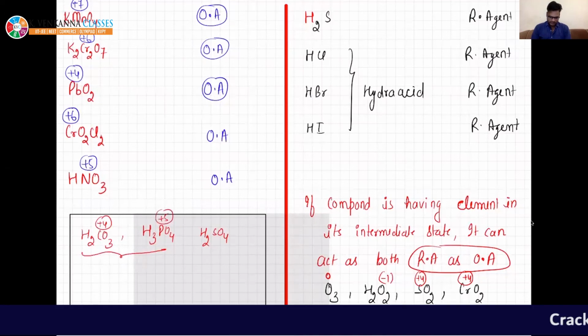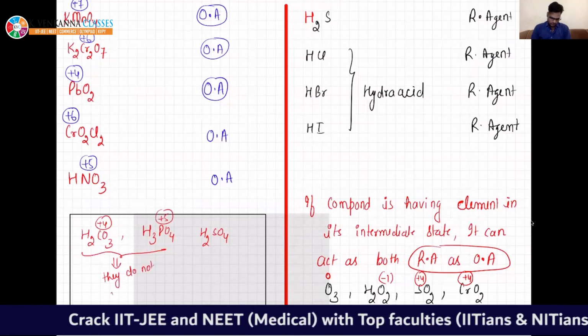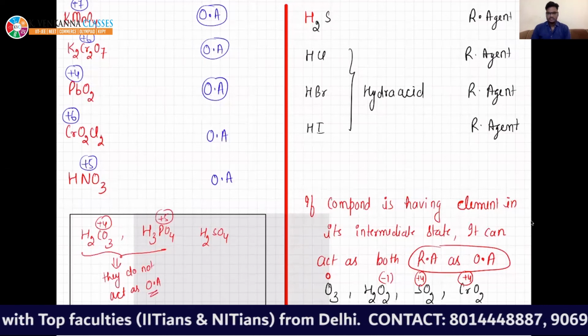Phosphorus is also in its maximum, but they do not act as oxidizing agents. You will not see them acting as oxidizing agents.